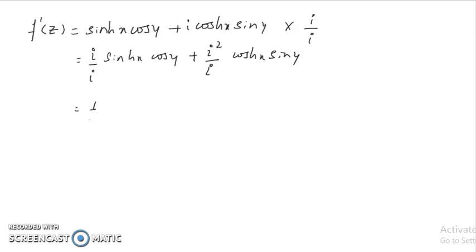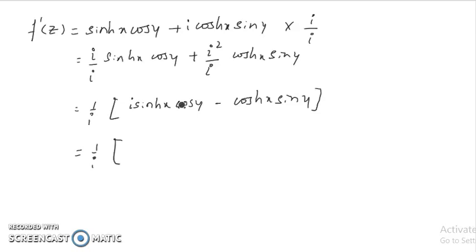So this 1 over i we will take common: i sinh x cos y, and since i squared is minus 1, with i taken common, minus cosh x sin y. So this is 1 over i.